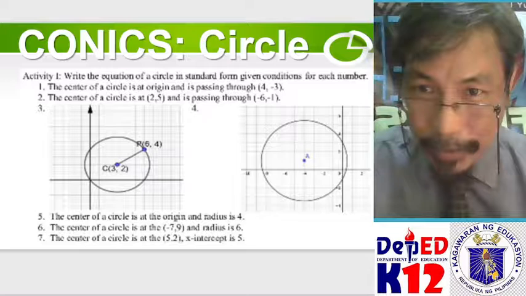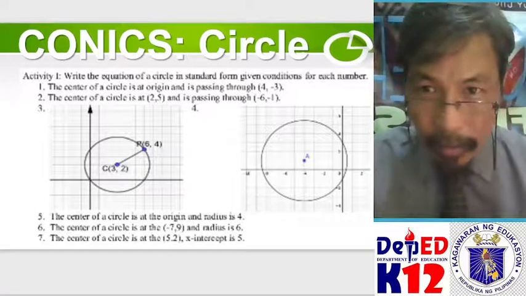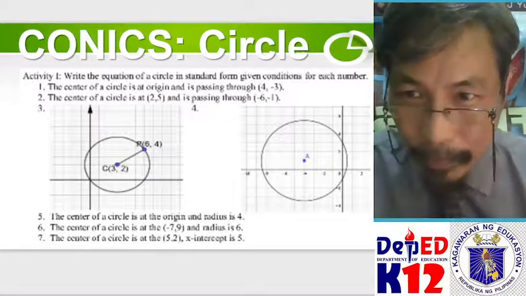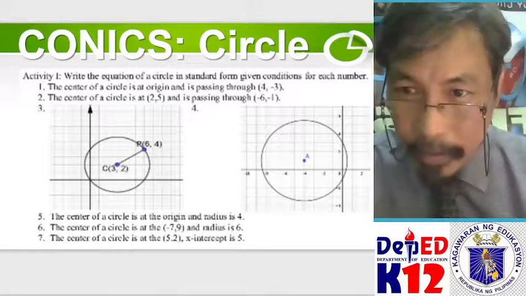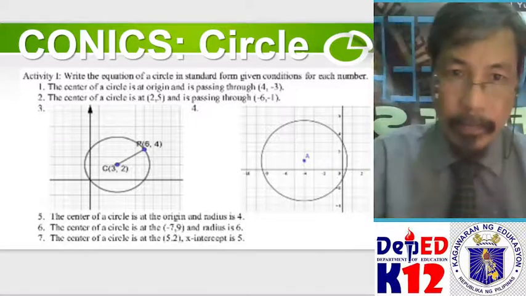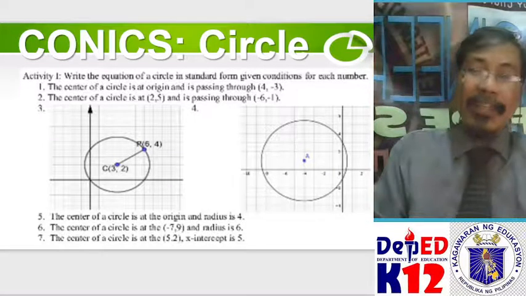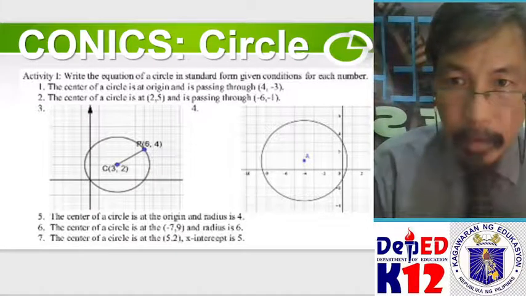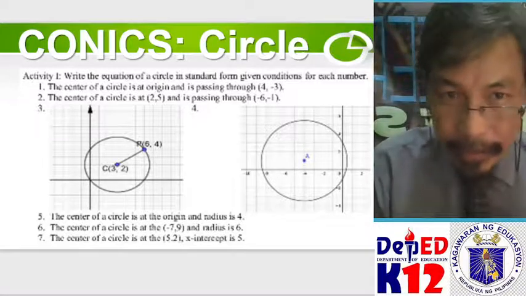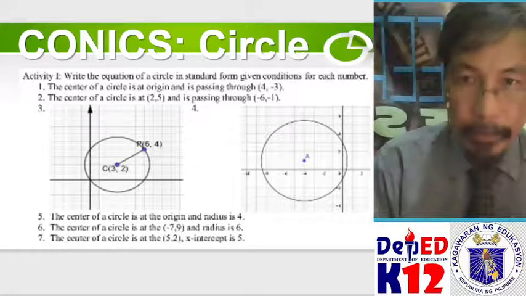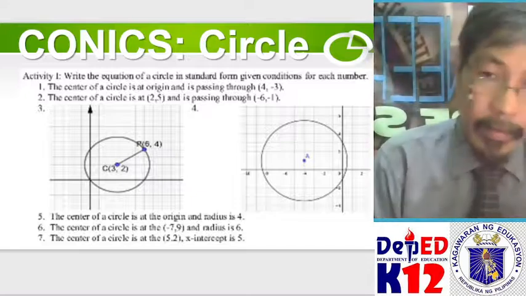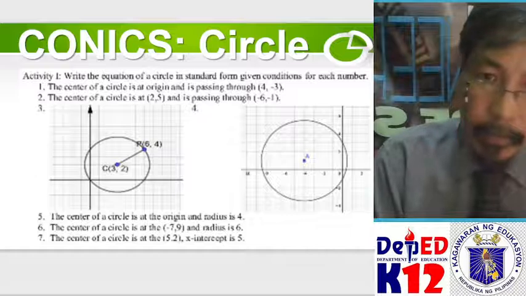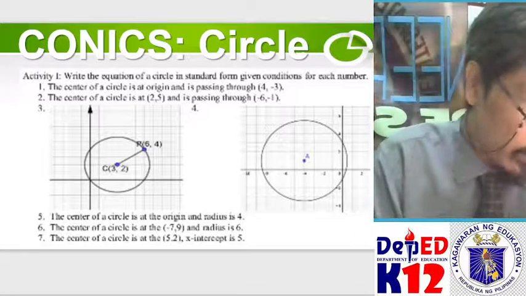In this given problem number 7, the x-intercept is 5. So the circle intersects the x-axis at point 5.